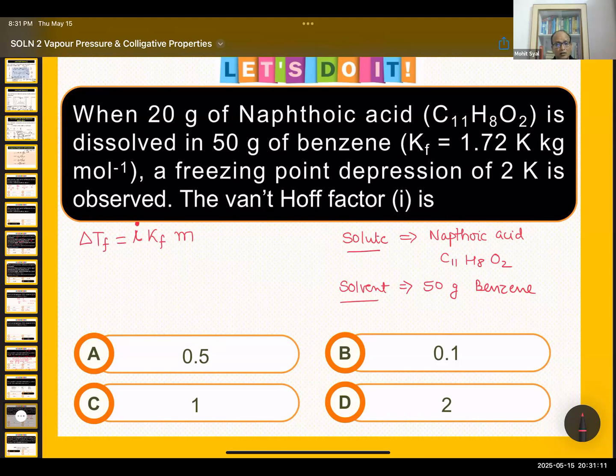And this is asking what the value of i is. The freezing point depression they have given, that is 2 Kelvin. i is what we have to calculate, and the KF value is 1.72. They have given it already in the question.